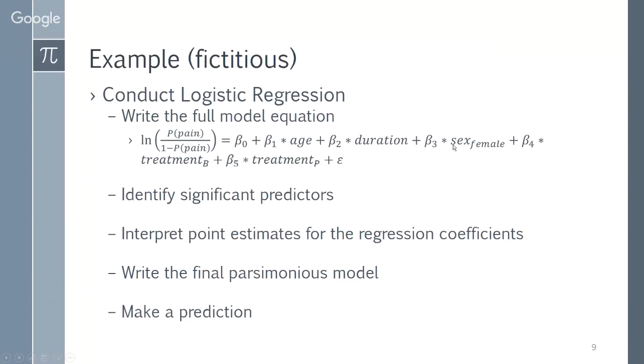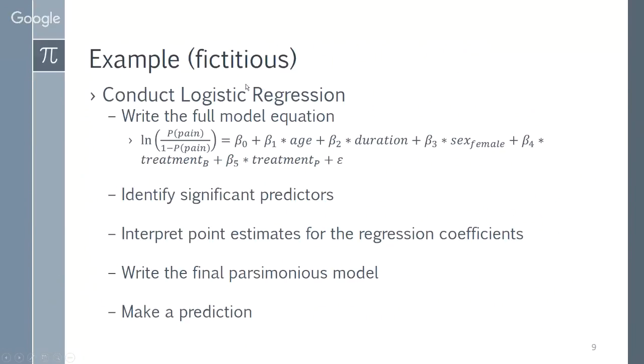So it's 1 when you're female, 0 when you're male. If you're a male, then the regression coefficient times 0 is 0. So males are built in as the reference group. It doesn't really matter what you choose as the reference group. You just need to choose one, and then make sure that you have your interpretation correct.